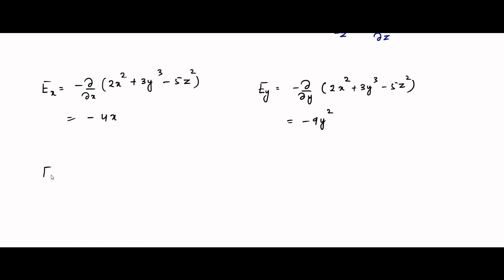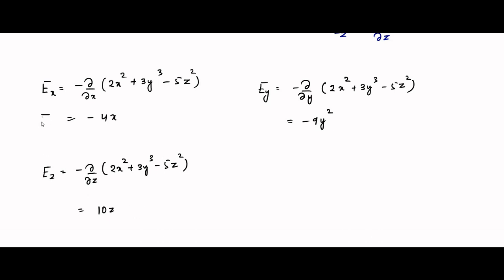will be equal to minus del by del z of 2x square plus 3y cube minus 5z square. Only the z portion will be differentiated, so it will be equal to 10z, minus minus will become plus.